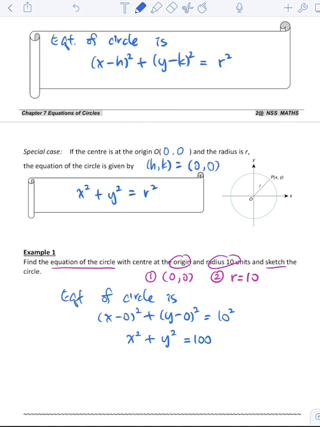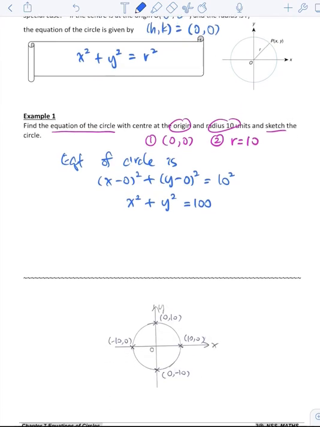Now, can you sketch the circle? Try to think of the intersections between the circle and the coordinate axes. I give you several seconds to think, and you can try on your notebook or notes. Okay, now let me show you the answer, the sketch.